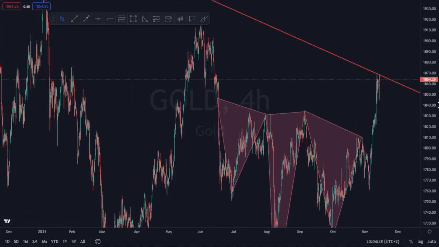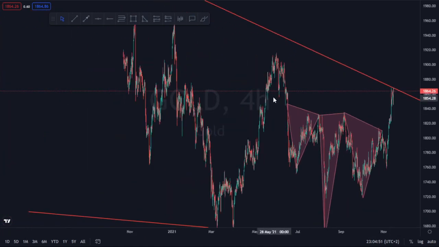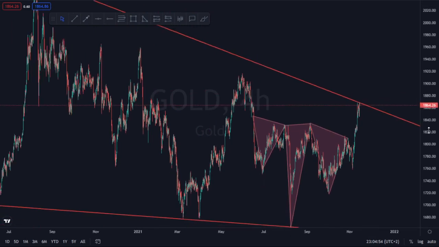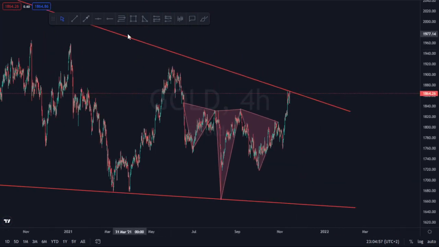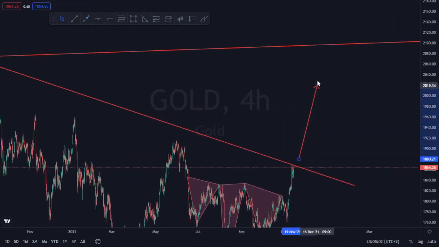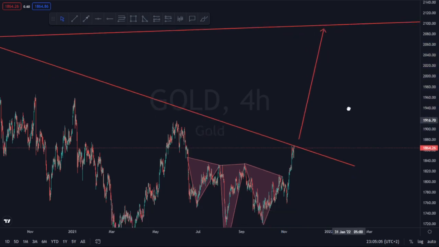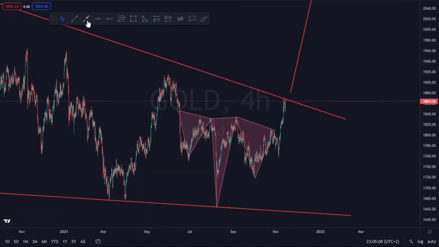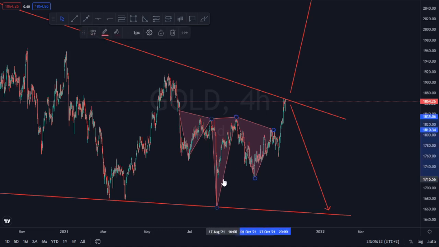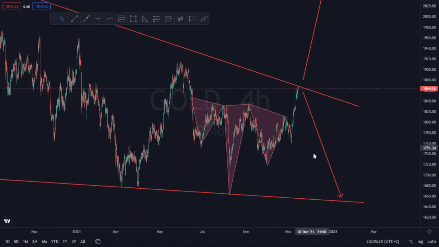Okay guys, what I see here, I see two probabilities actually. One is that price is going to break out, two, price is going to reverse at these highs, because besides this head and shoulders, I also see another pattern which I usually trade, which is also going to confirm the sell.